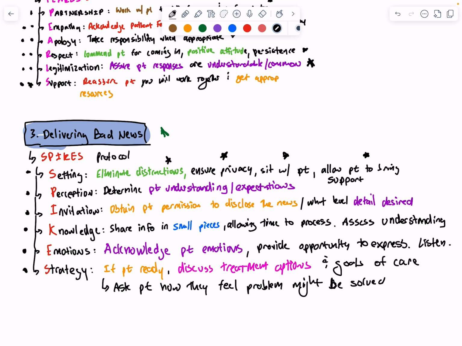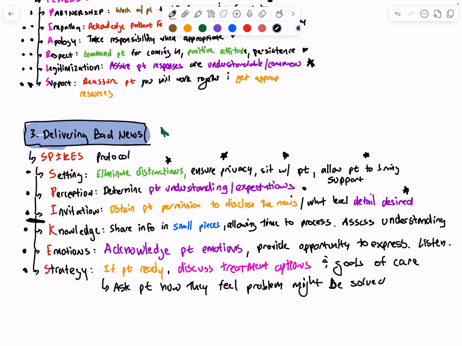Perception: determine the patient's understanding or expectations. Invitation: obtain patient permission to disclose the news to them, or ask them what level of detail they would like to have.